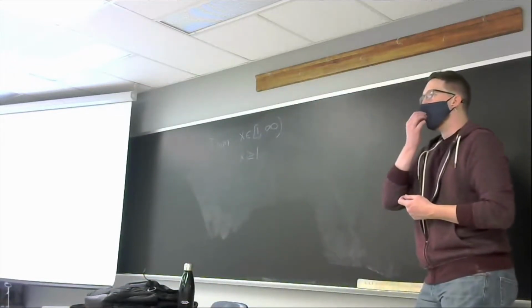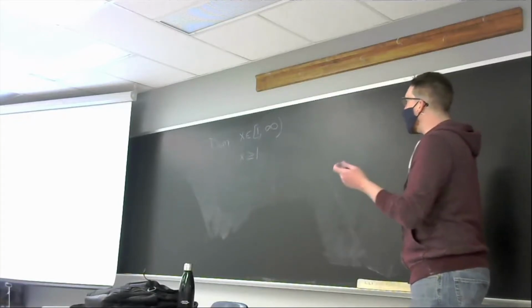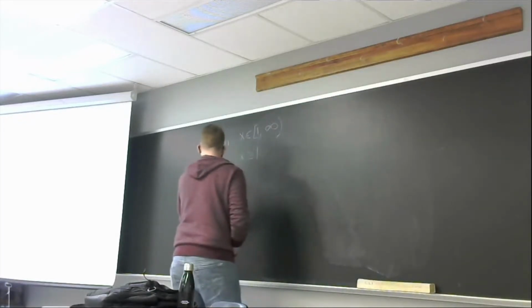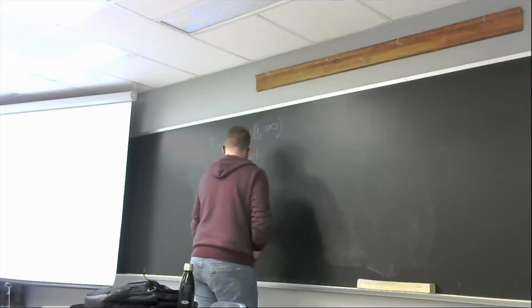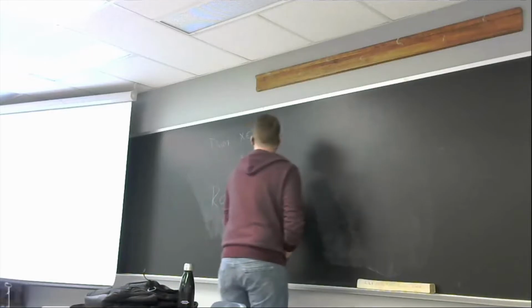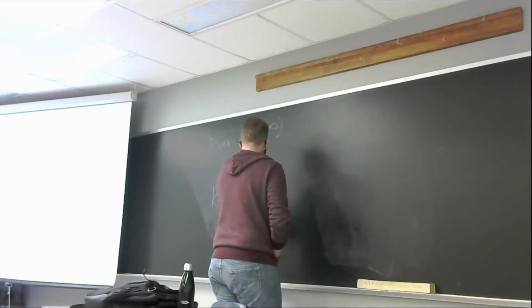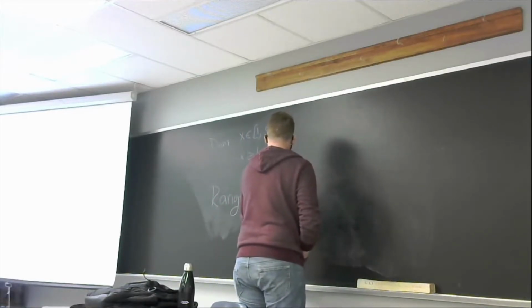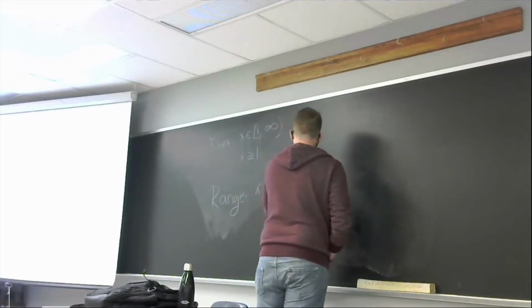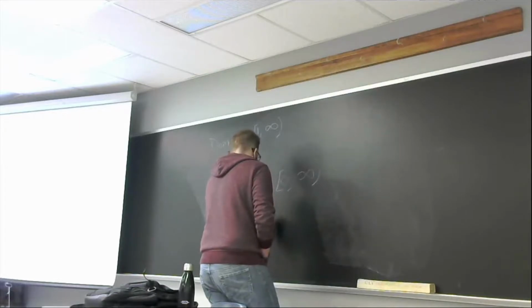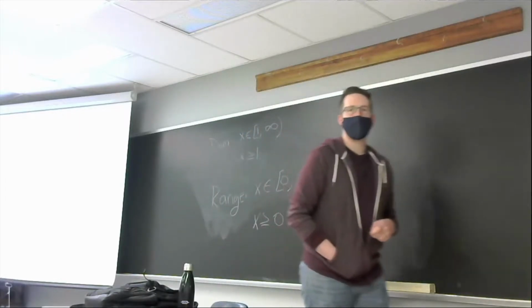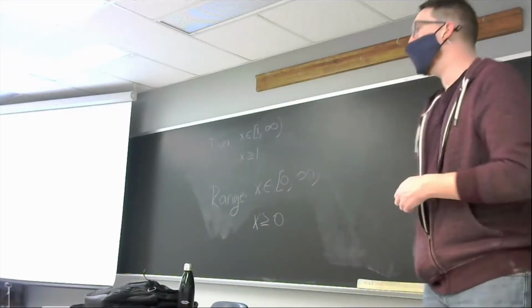Makes sense what I mean? So we know the range is going to be x in the interval 0 to infinity, or x greater than or equal to 0. Make sense what I mean?